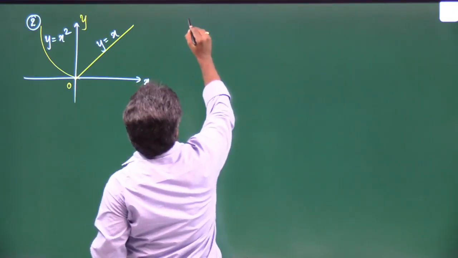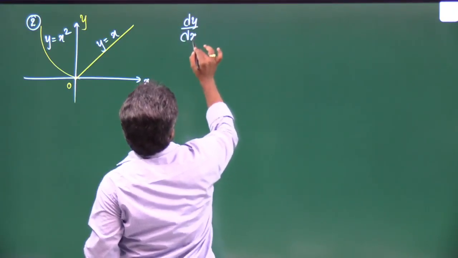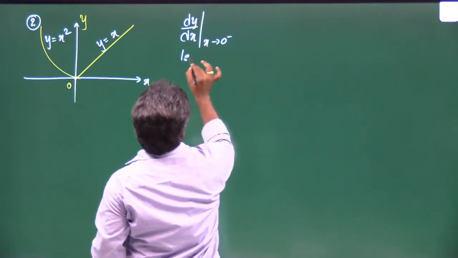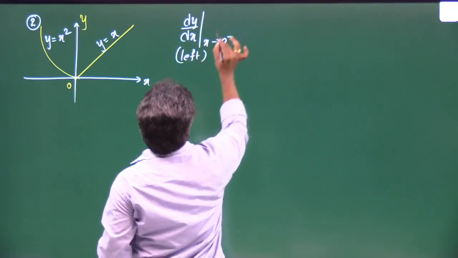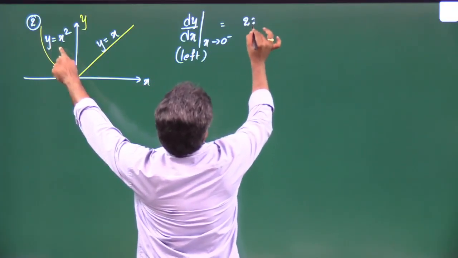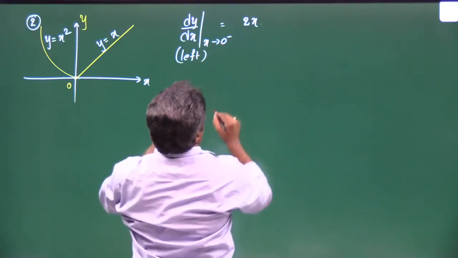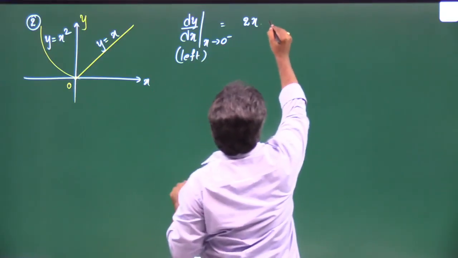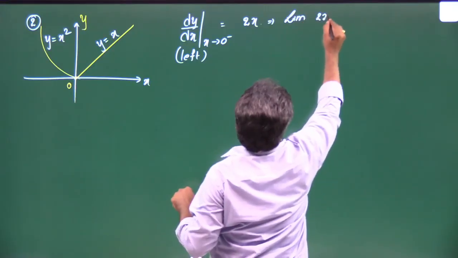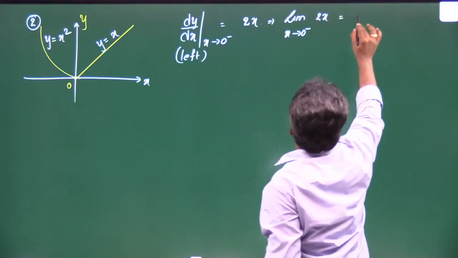Okay, so now I am finding dy by dx as x tends to 0 minus. 0 minus means it's the left side derivative. The left side derivative, I hope you know, is 2x. Okay. And here x tends to 0, so if you take the limit of 2x as x tends to 0 minus, how much is it? 0.